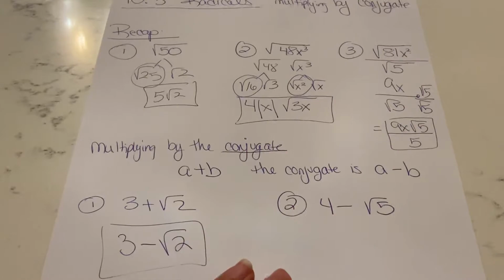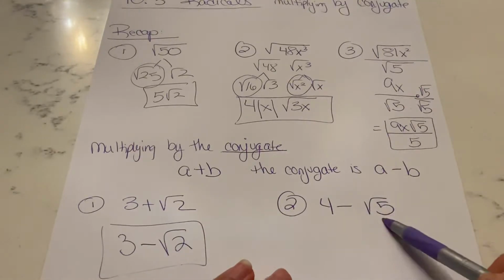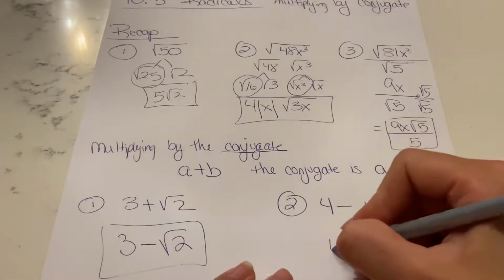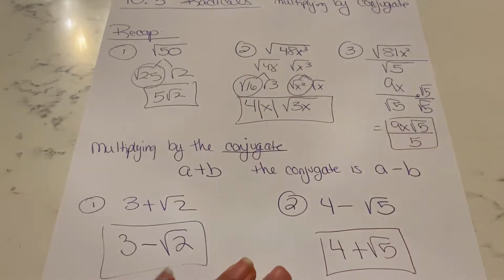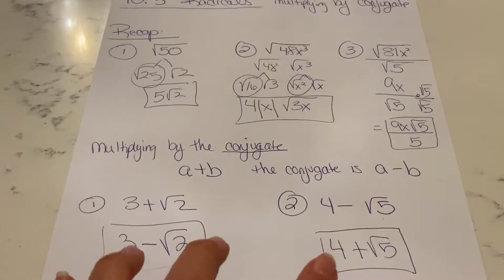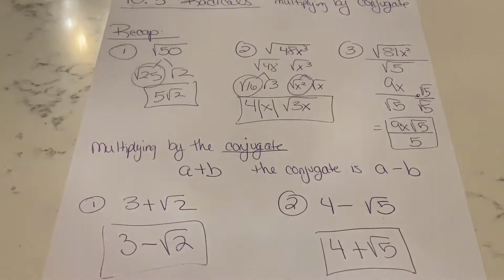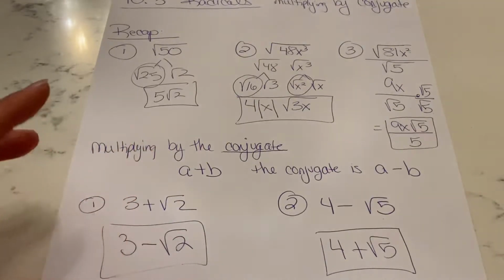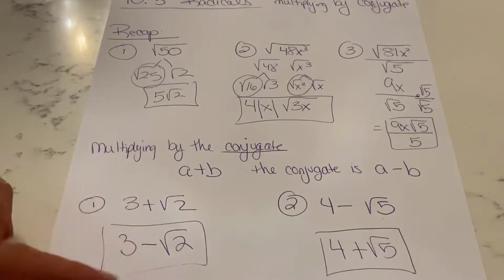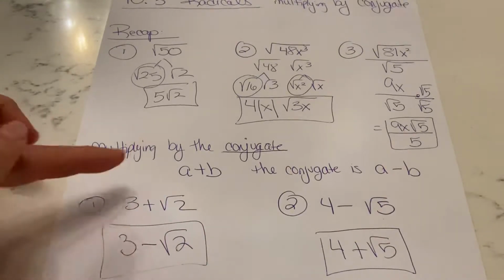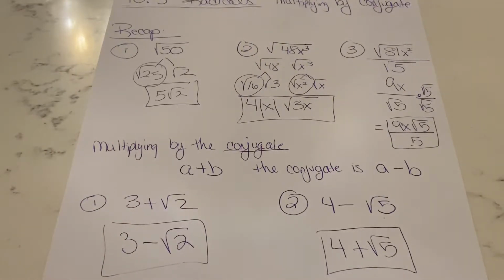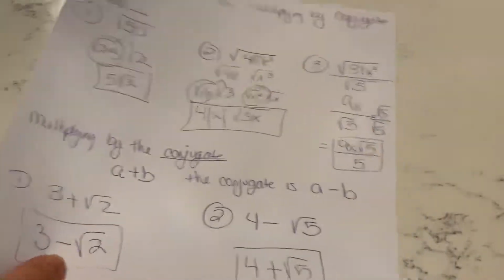Look at this one. If I give you an expression 4 minus radical 5, what's the conjugate? 4 plus radical 5. So this is what it represents by giving me the conjugate. You give me the same 2 numbers, but just opposite signs. So now that we established what conjugates are, I'm going to show you how we're going to be using it in order to rationalize the denominator.